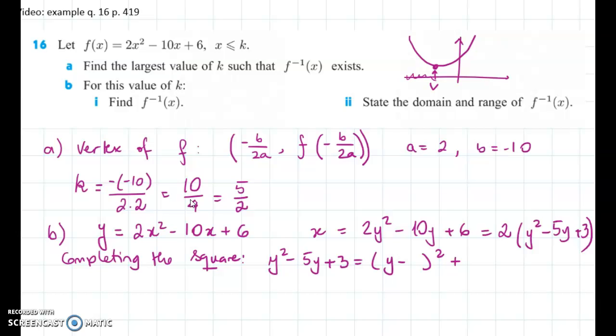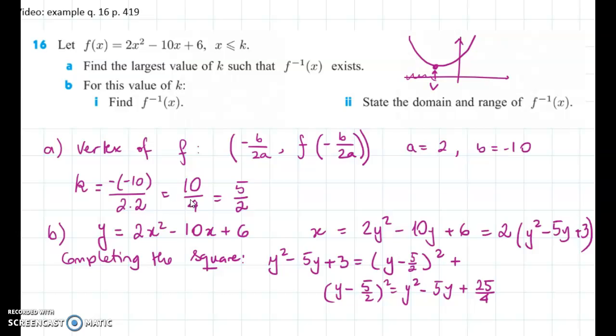So what do we need inside the bracket? We need to have 5 over 2. So when we expand y minus 5 over 2 squared, we'll get y squared minus 2 times 5 over 2 times y, so minus 5y plus 25 over 4.